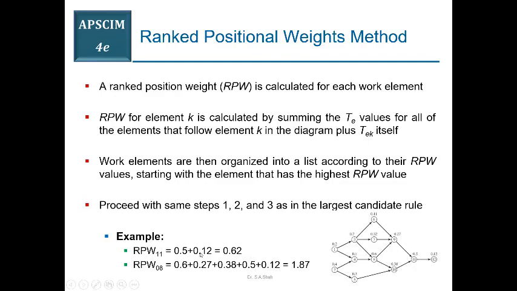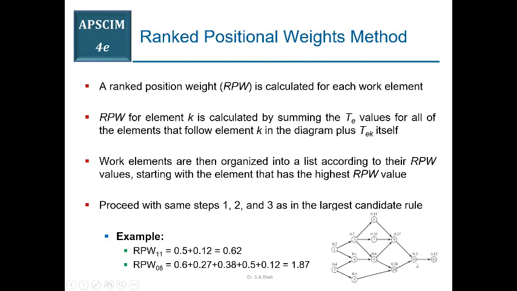So in this example, it is simply shown that if you want to find the rank value of work element number 11, the corresponding operational time is 0.5 units. So you will have to add to it all those operational times which follow element number 11, and the only follower of the 11th element is element number 12.